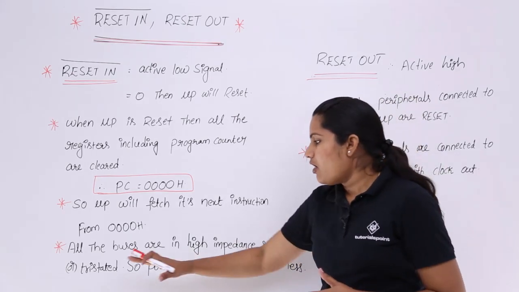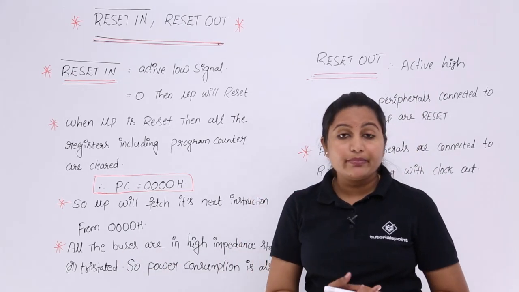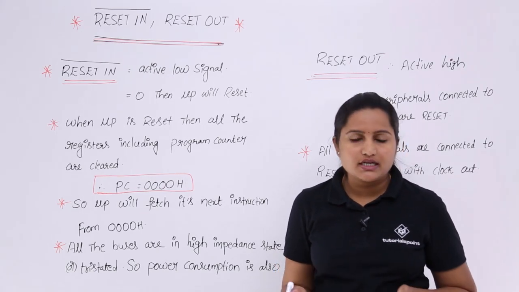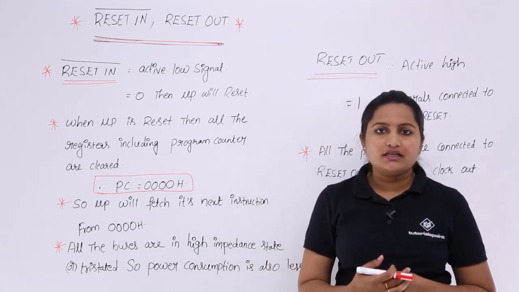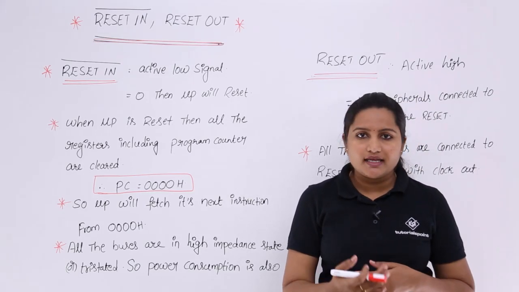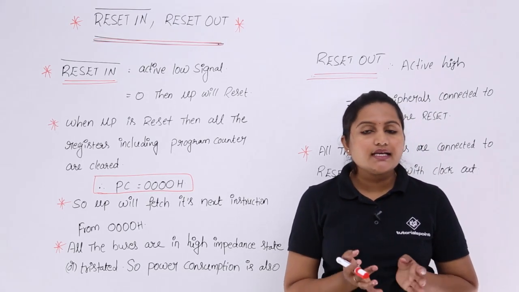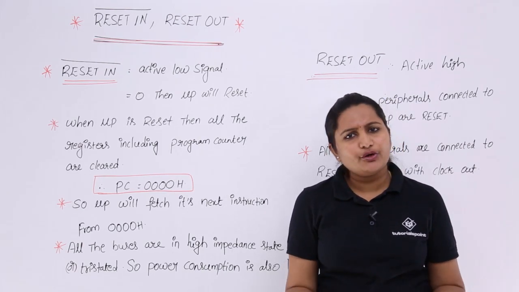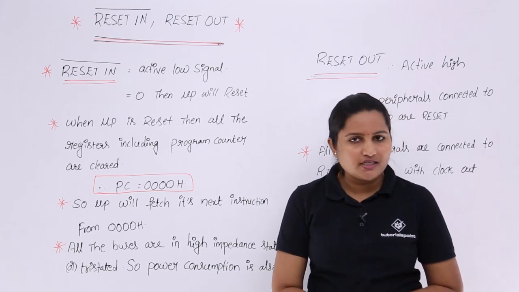Finally, all the buses are in high impedance mode. When reset of the microprocessor is done, all the buses are in tri-state or high impedance mode, which will take less power. If buses are not working, definitely circuitry is not working, which means power consumption is less.